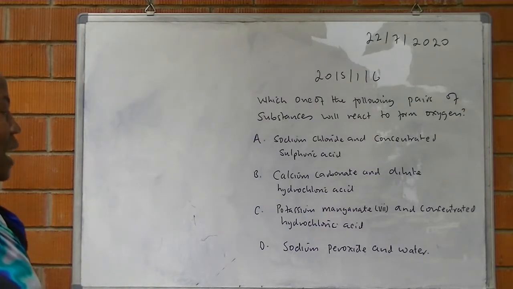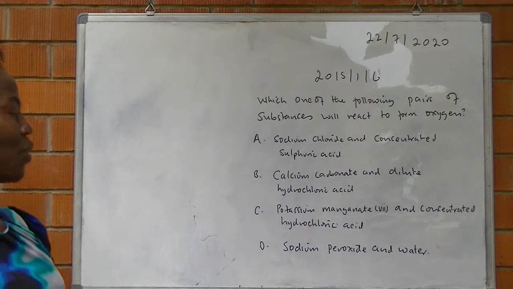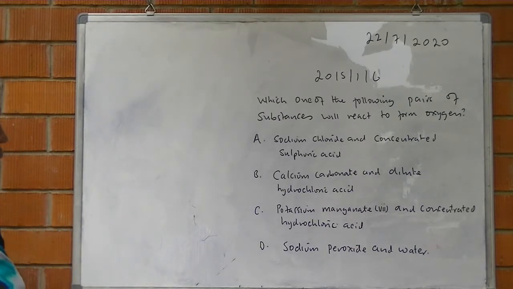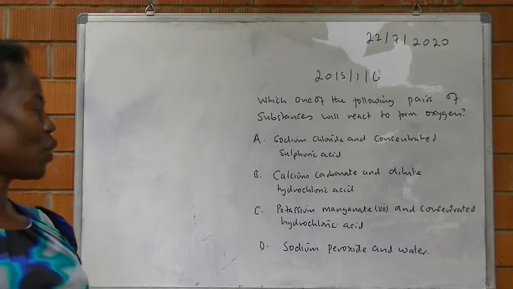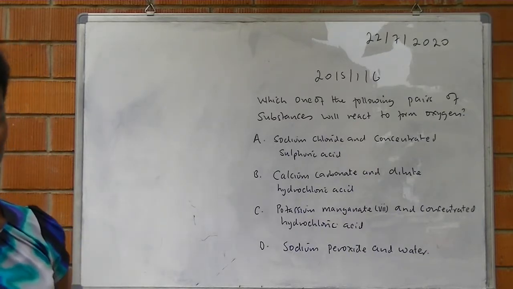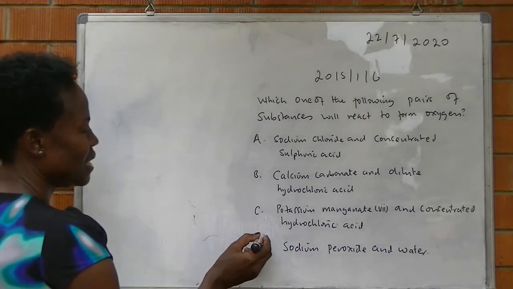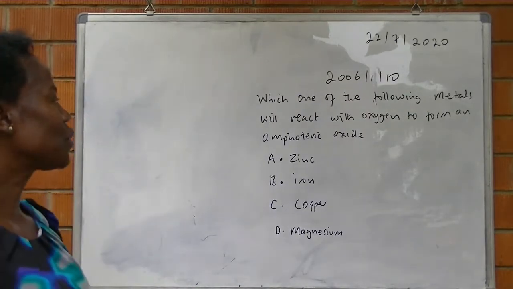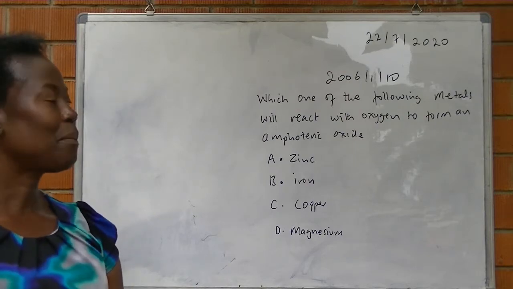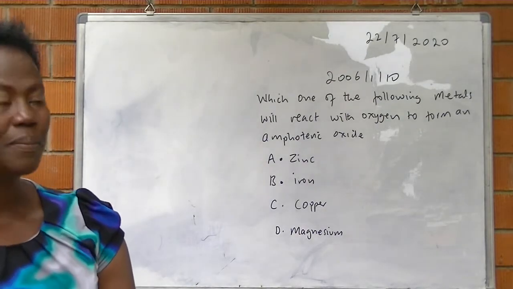C, potassium manganate 7 and concentrated hydrochloric acid. D, sodium peroxide and water. Our alternative is D.